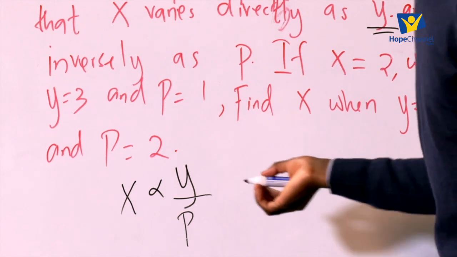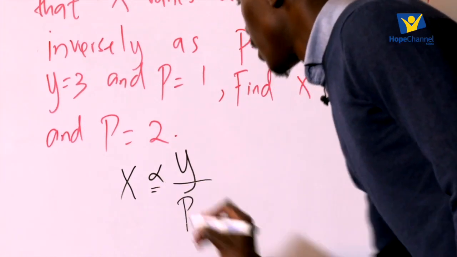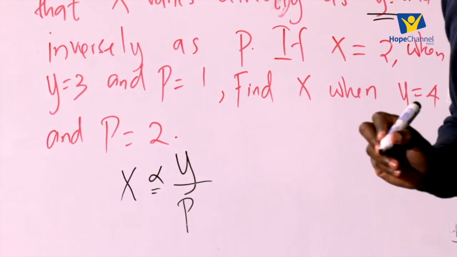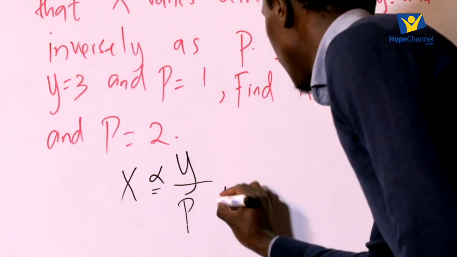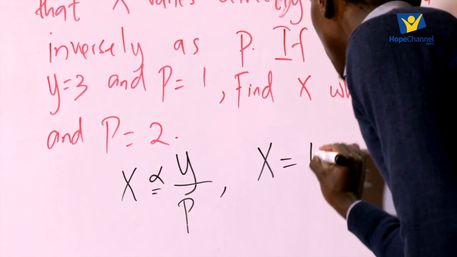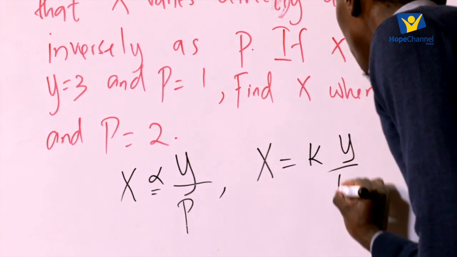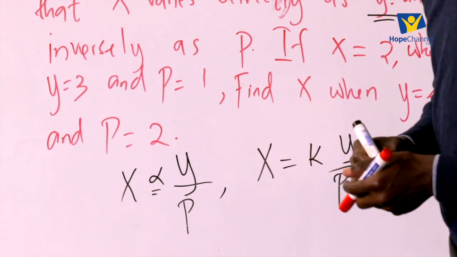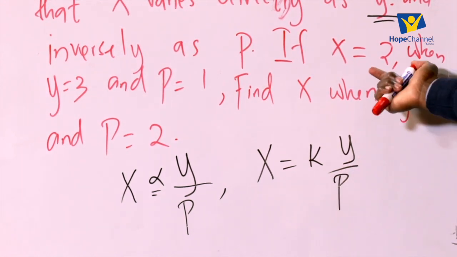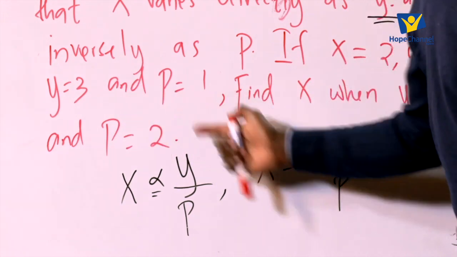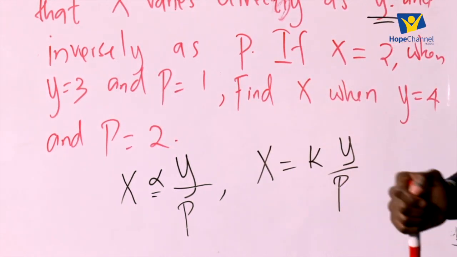And then we now introduce the constant of proportionality so that we do away with the sign of proportionality. That gives us x is equal to k y over p. So by doing that, we are now going to substitute for x, y, and p so that we can be able to get this k here.